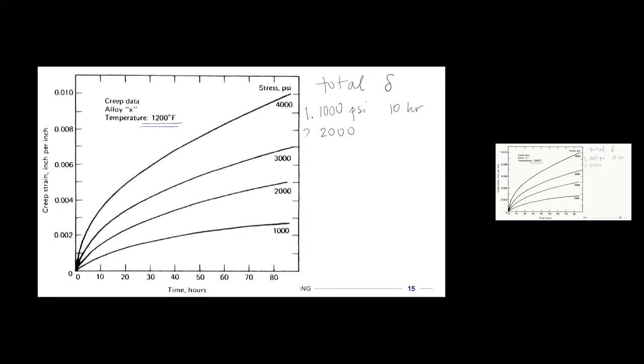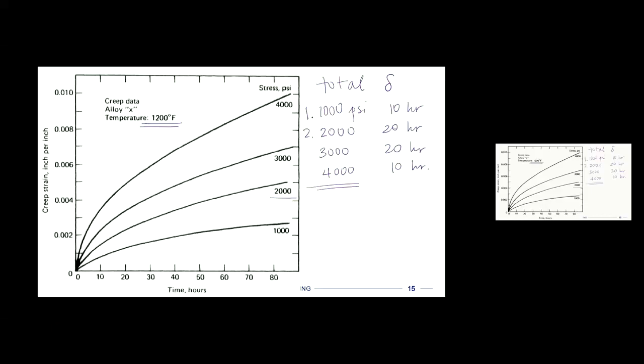Then it goes in the second phase to the second curve for 20 hours. Then it goes to 3,000 psi for 20 hours, and then 4,000 psi for 10 hours. And that's one cycle of stress loadings that a sample experiences.